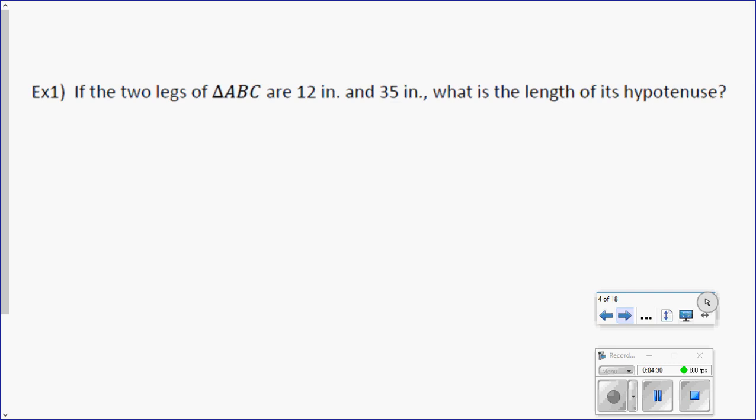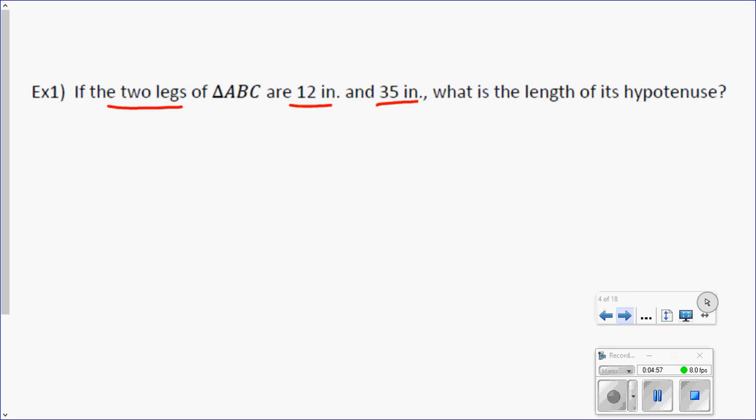So, example 1. Draw a little right triangle and label the legs 12 and 35. It doesn't have to be proportional. Just make a right triangle.